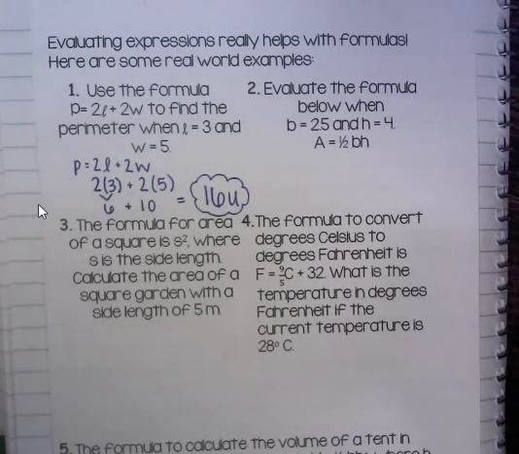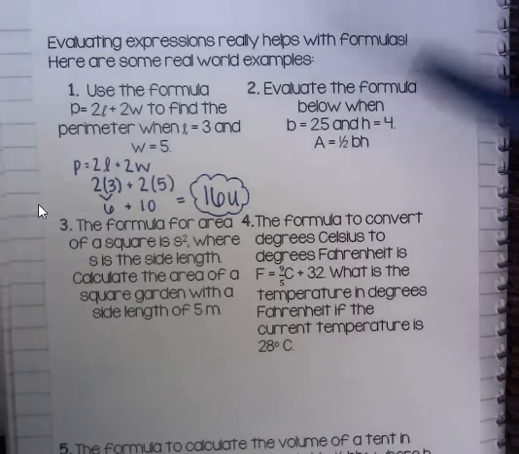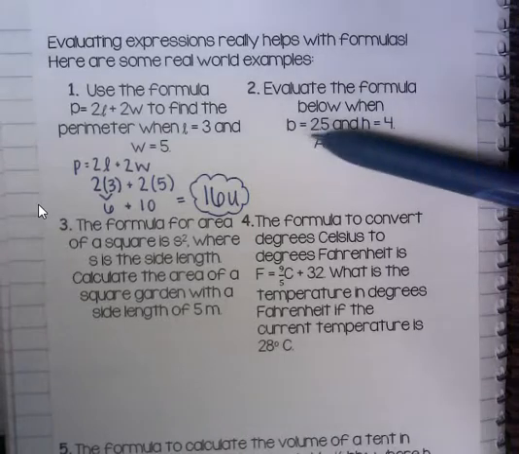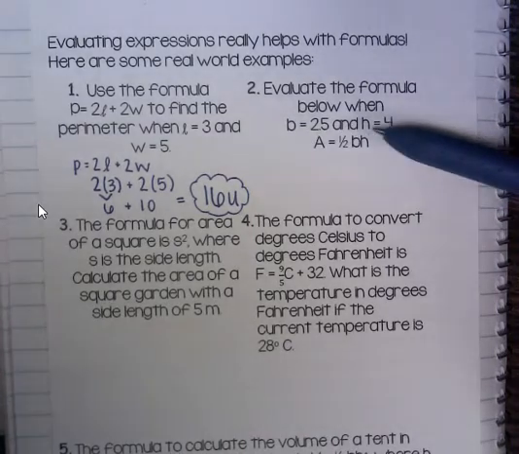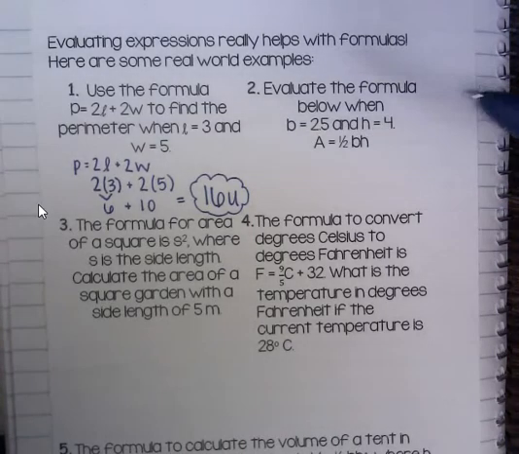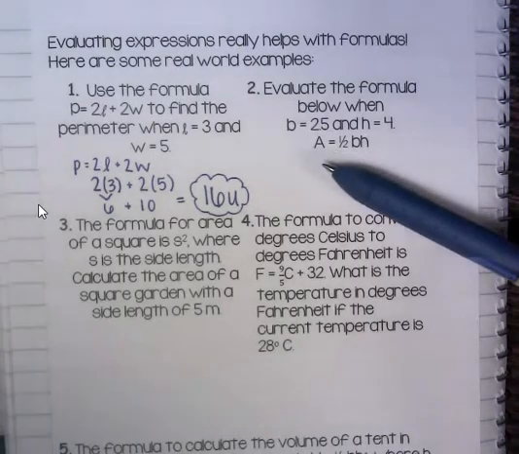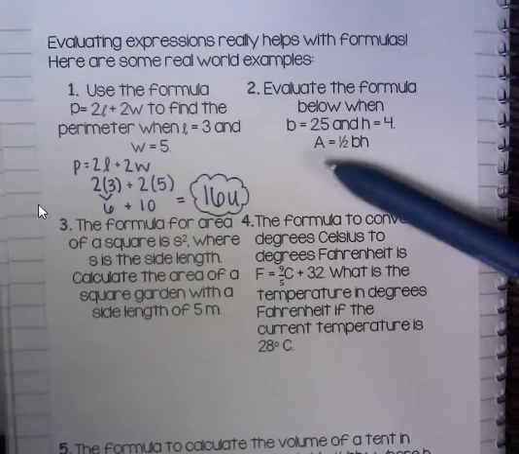Okay. The next one says evaluate the formula below when b equals 2.5 and h equals 4. This is the formula for the area of a triangle. They have written it out for us.